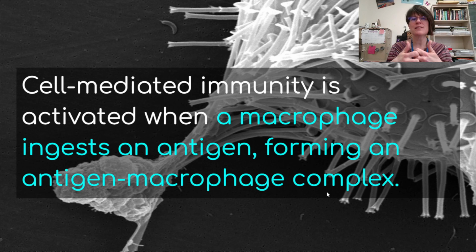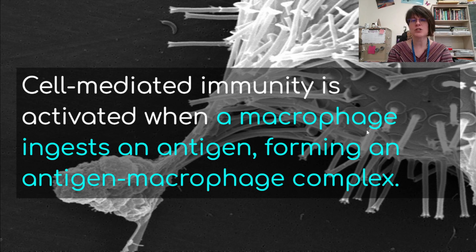And what they do is they take a piece of whatever they attacked and they stick it onto them. Okay. And this will activate T cells. It's called cell-mediated immunity because it's helped along by the macrophage cells.